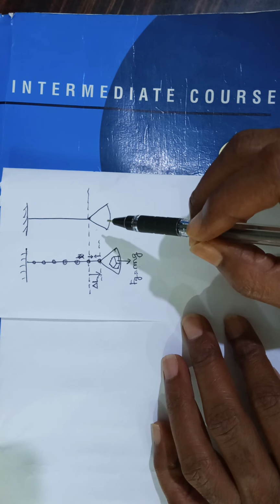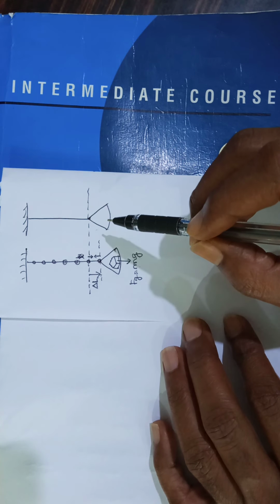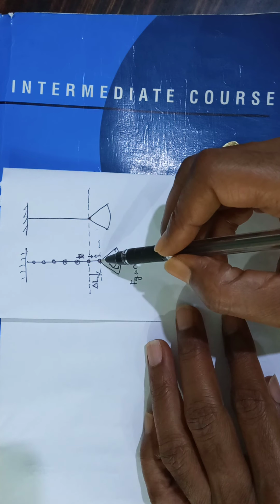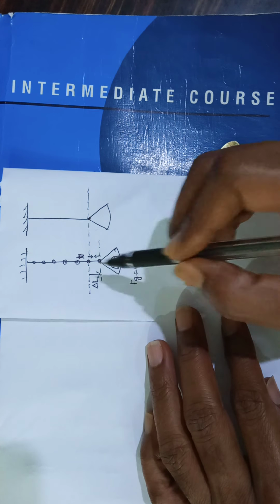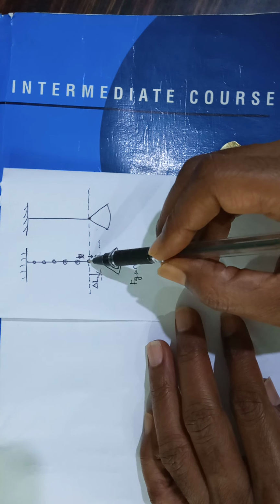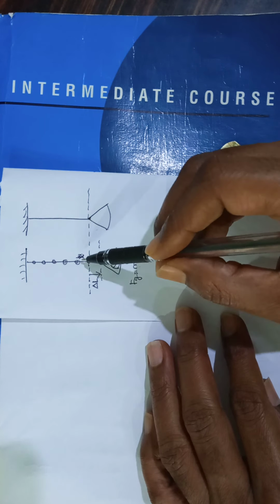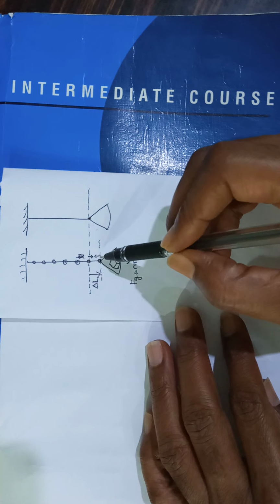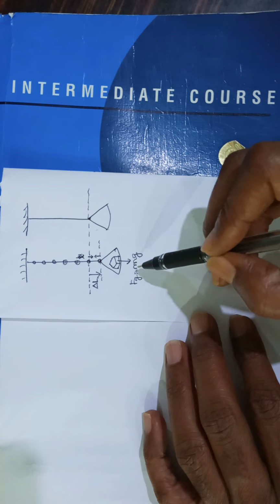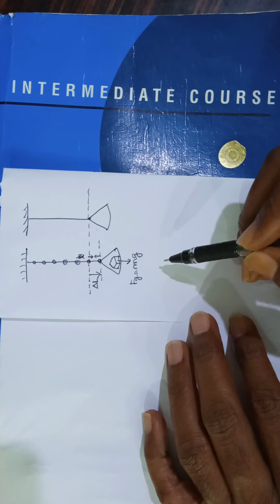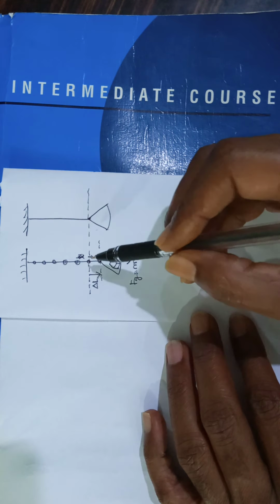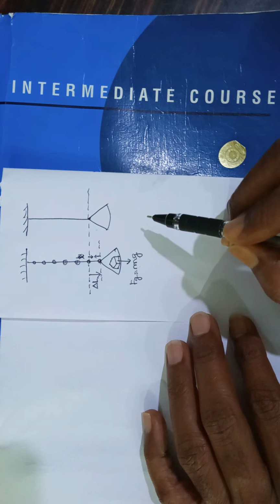So you consider one atom near the pan, another atom just above that. There is a force of attraction between these two. So this atom is pulling that atom upward. So the force of attraction is upward and the gravitational force is downward. So this gravitational force is against the interatomic force.